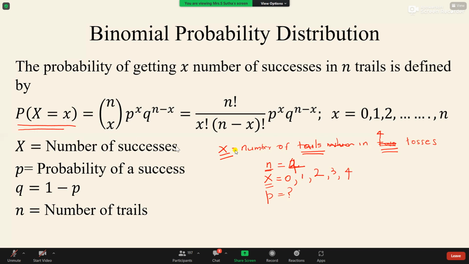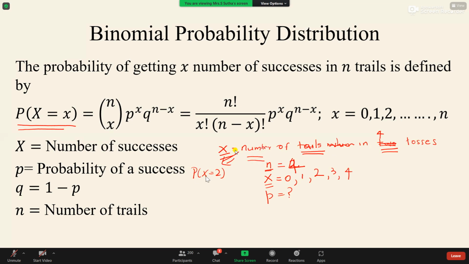So in this case, if we are calculating P of x equal to 2 for this example, what does this mean? In this particular example, it is the probability of getting 2 tails, because here we are defining x as the number of tails.